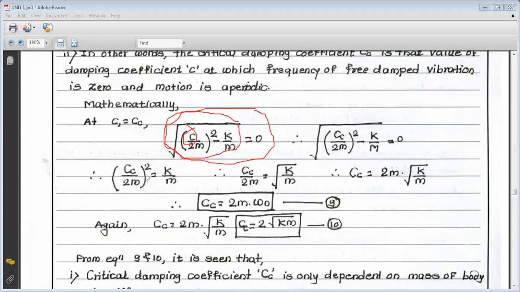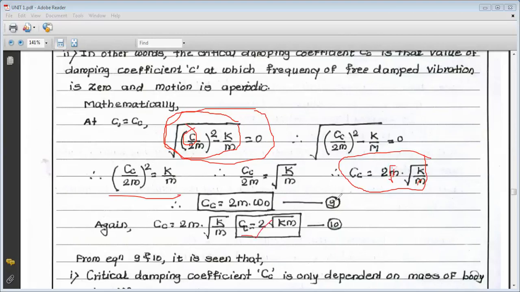From this equation we get Cc upon twice m is equal to the square root of k by m. And what is the value of Cc? Cc is equal to twice m square root of k by m. This is one value. If this m and this m get cancelled, so that becomes 2, square root of m into square root of k, that is, Cc equals 2 square root of k m.